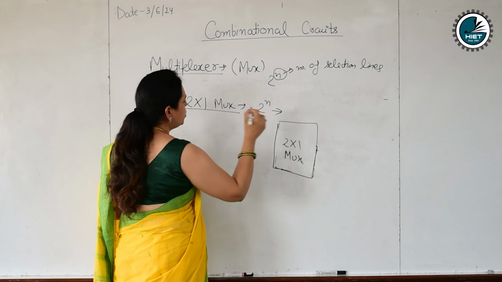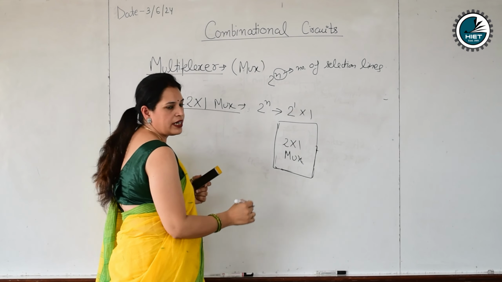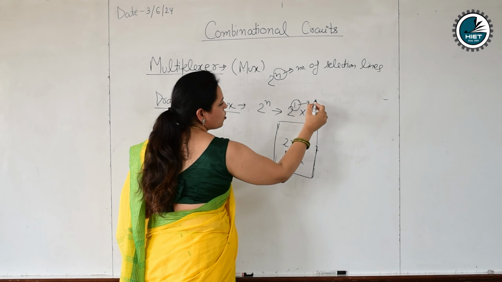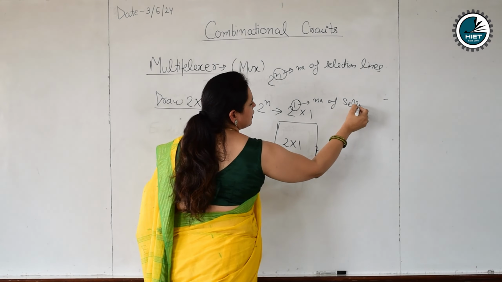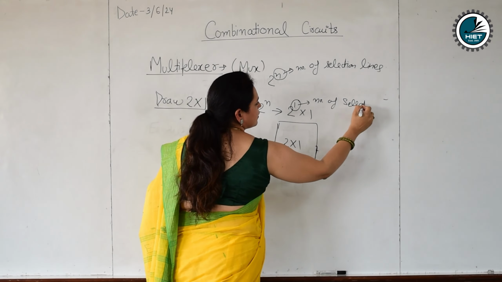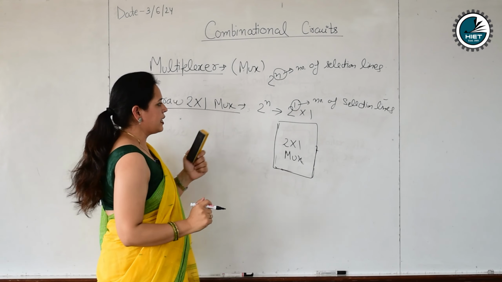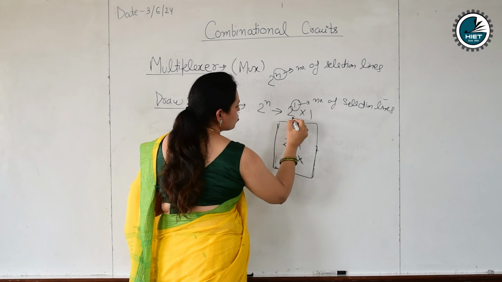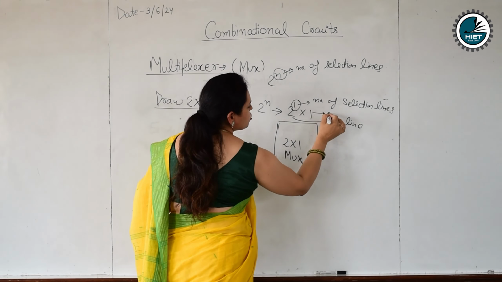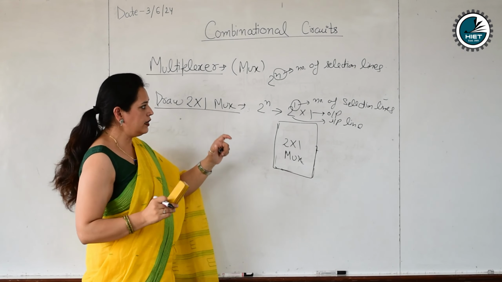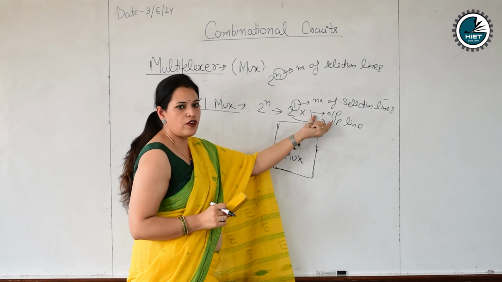We have to draw the 2 cross 1 multiplexer, that means 2 to the power n cross 1. Here this n shows the number of selection lines. Clear? And this 2 shows your input lines and this 1 shows your output line. So in this we have 2 input lines, 1 selection line and 1 output line.